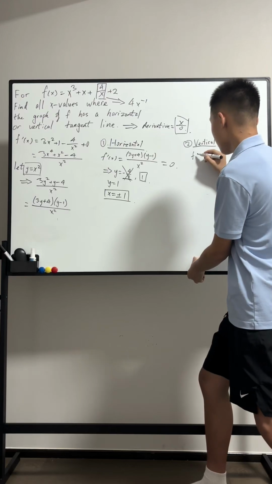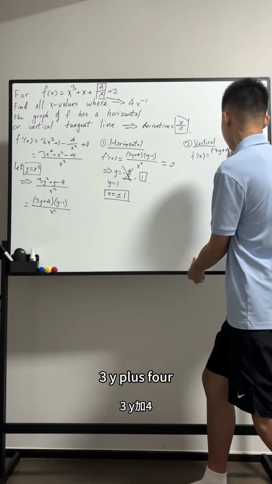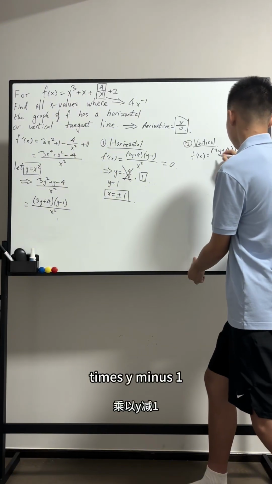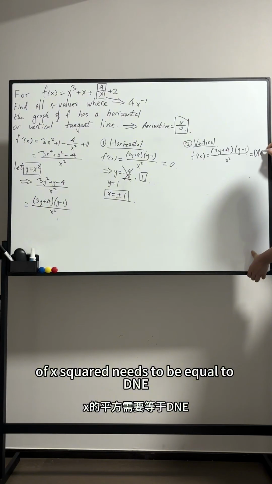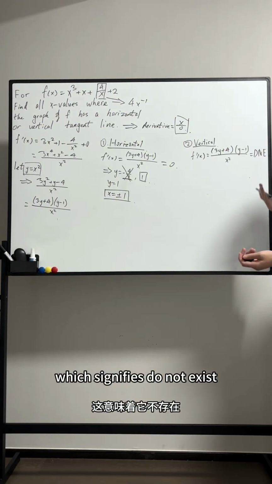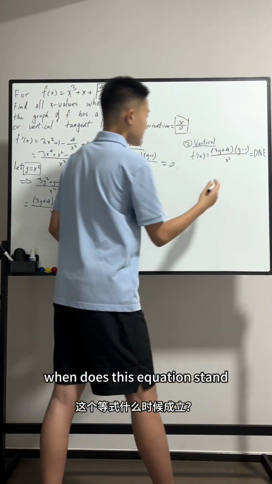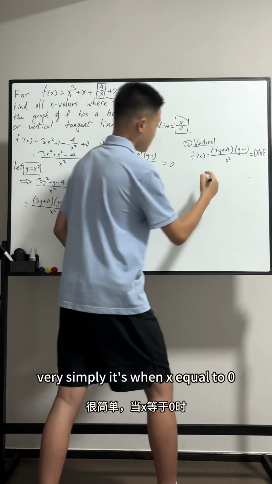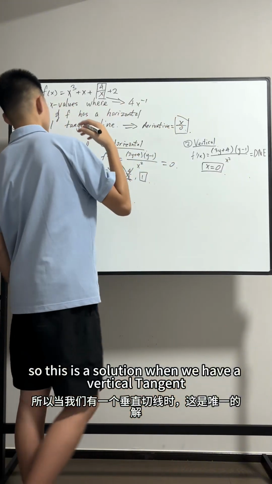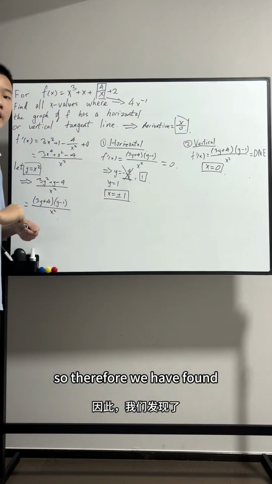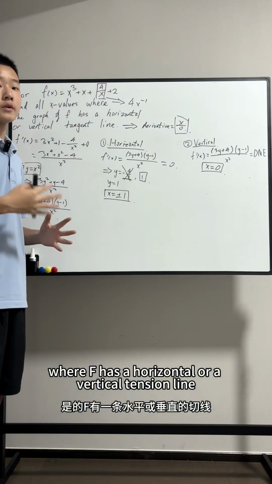So again, f prime of x equal to 3y plus 4 times y minus 1 over x squared needs to be equal to DNE, which signifies does not exist. So when does this happen? Very simply, it's when x equals 0. So this is a solution where we have a vertical tangent line. Therefore, we have found the three solutions where f has a horizontal or a vertical tangent line.